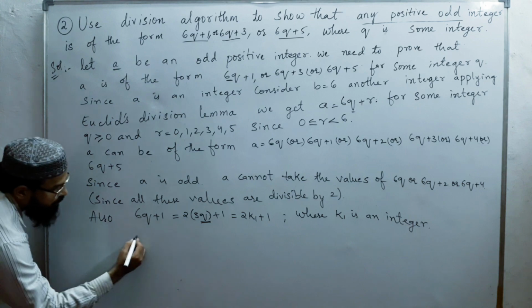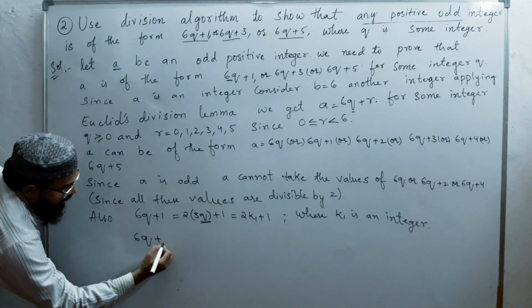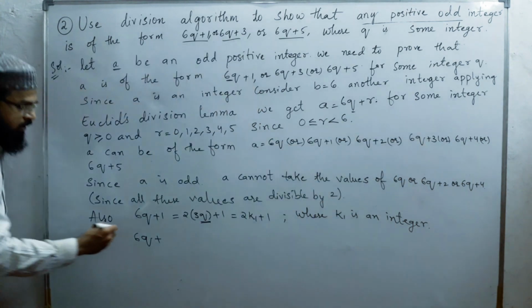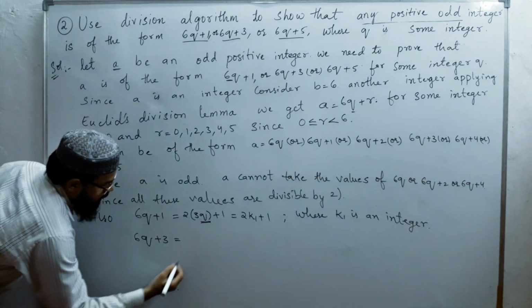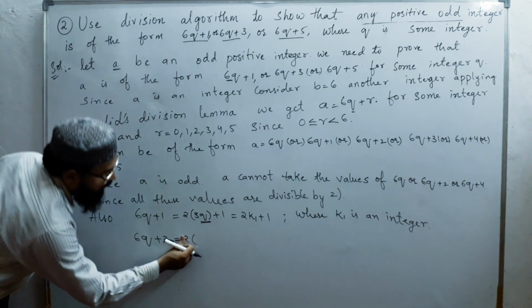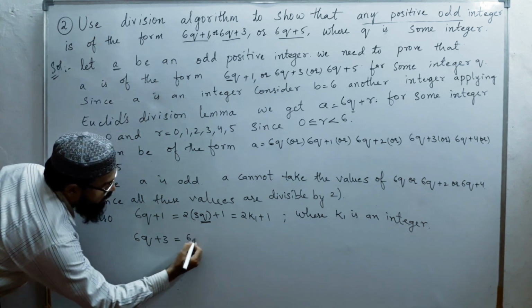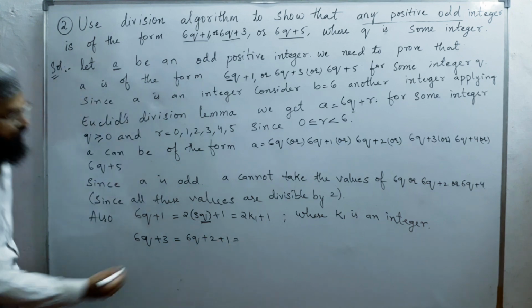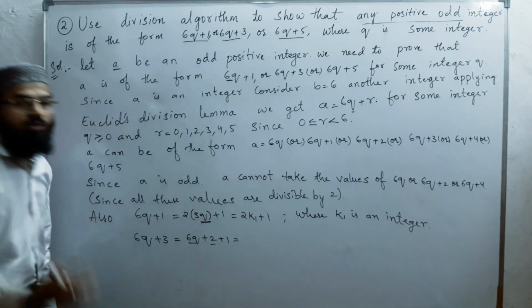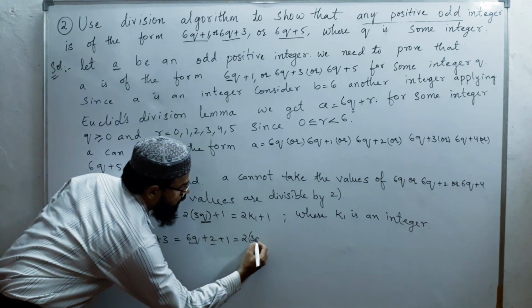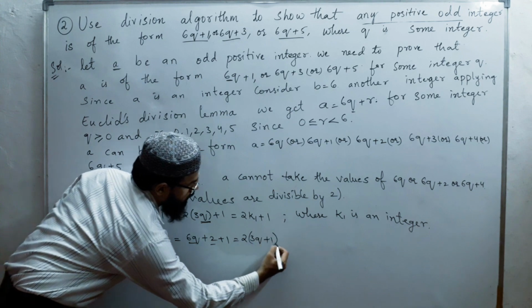Next, 6q plus 3 equals 6q plus 2 plus 1. From these we can take 2 common, so 2 times (3q plus 1) plus 1.